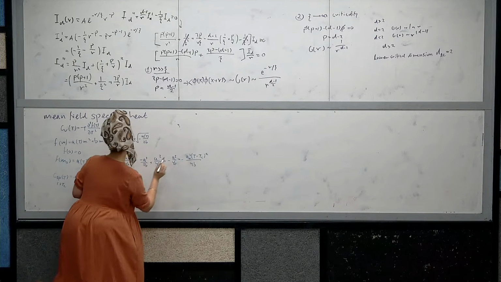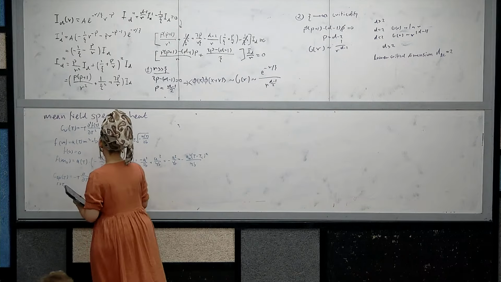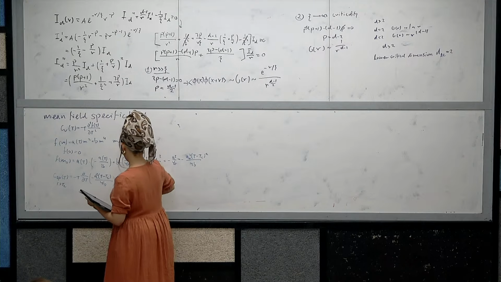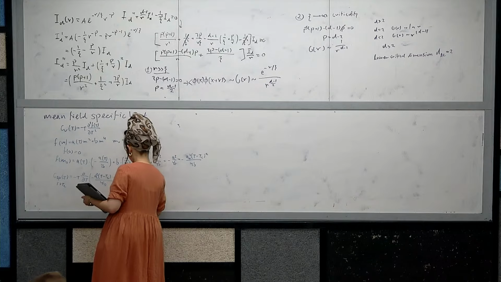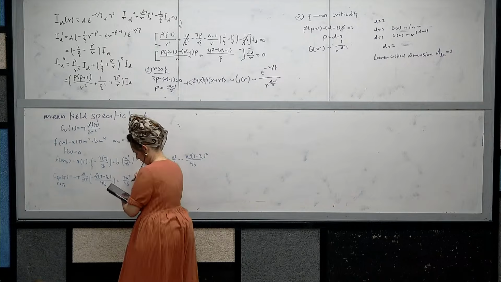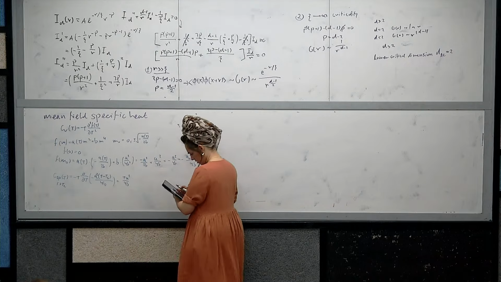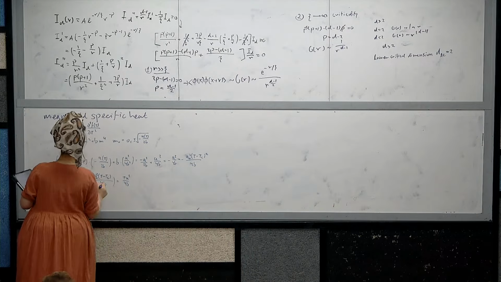Yes, this is still squared, and then the second derivative is just T. Yeah. Okay. Wait. Oh, there is a 2.